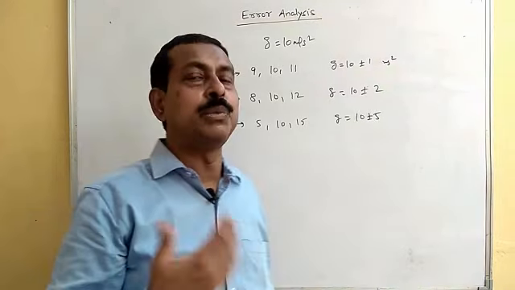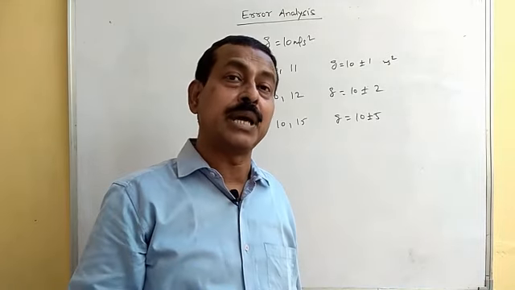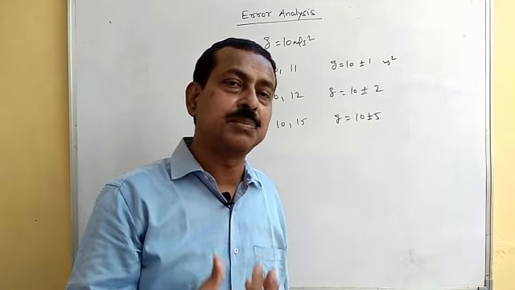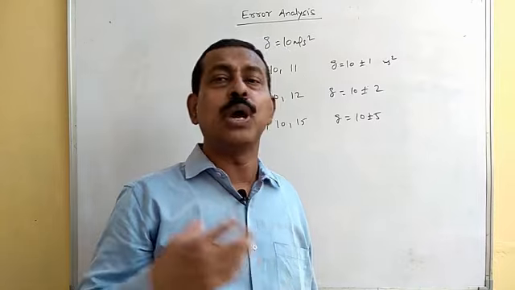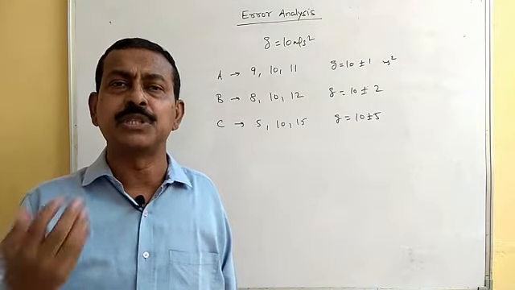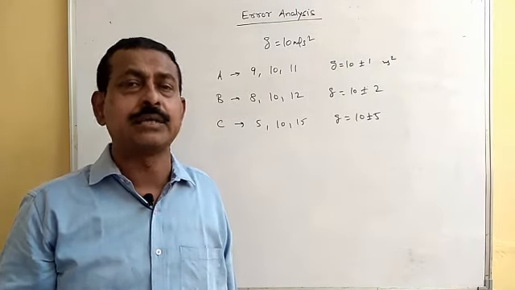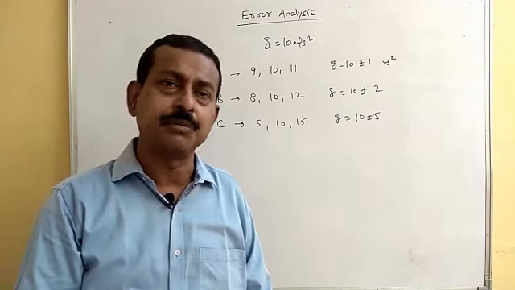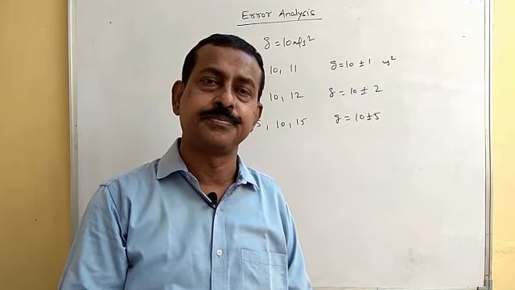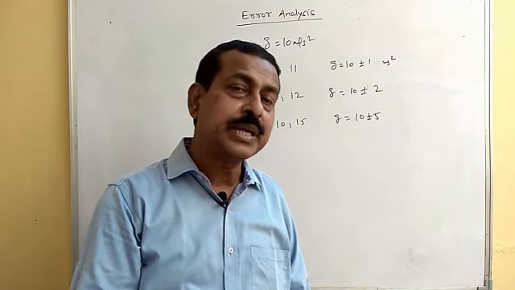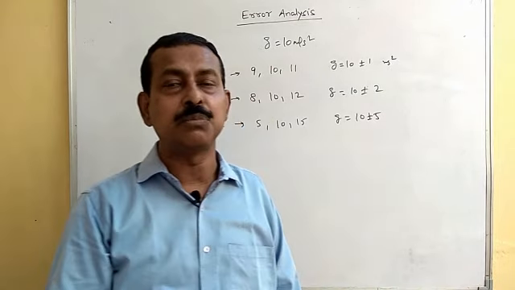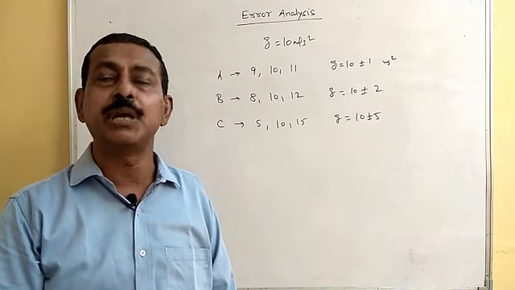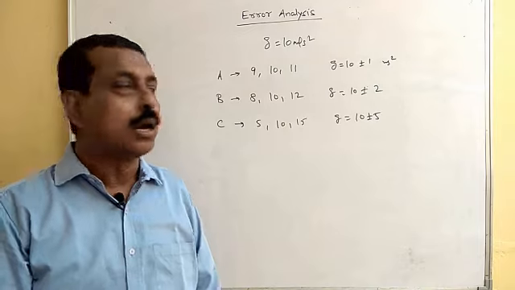So we will be able to know who has done the experiment very seriously, who has done the experiment with least care, and whose results have maximum error. This we get when we express in terms of the absolute errors, or say mean absolute error.